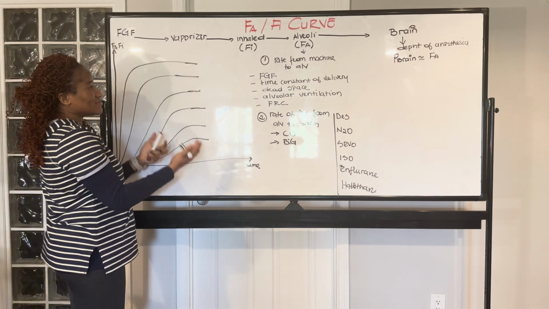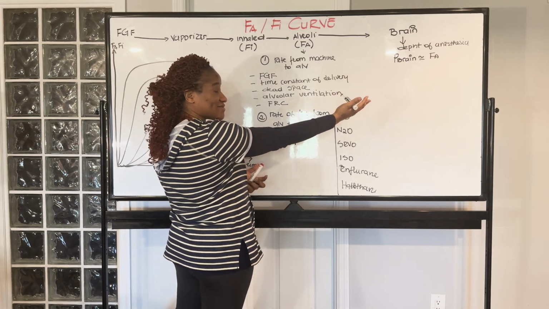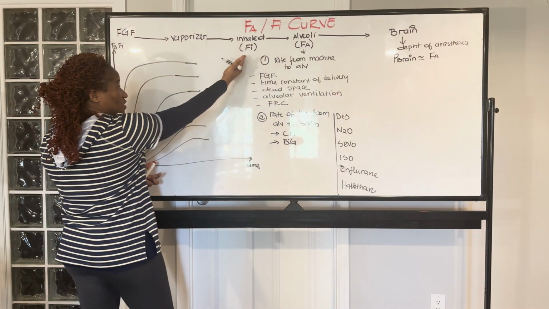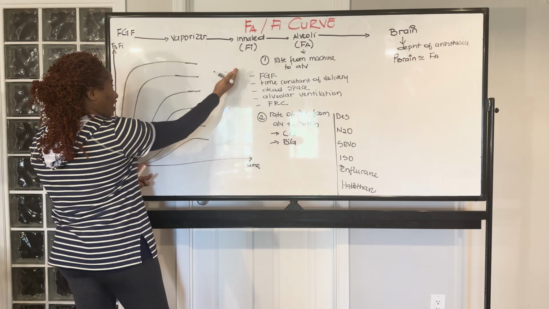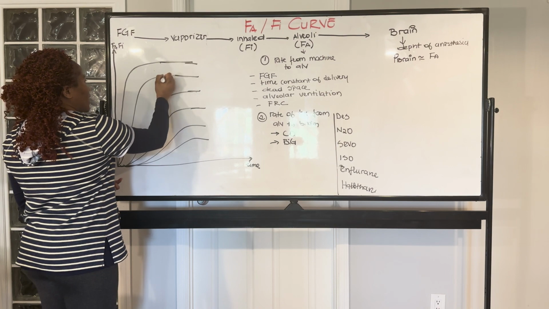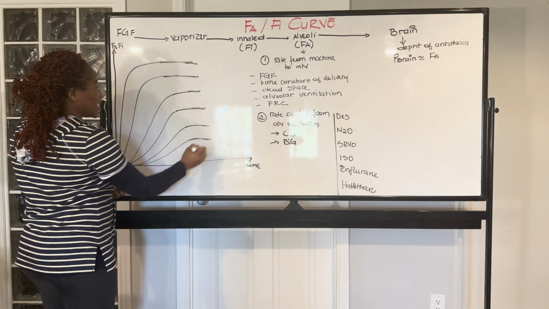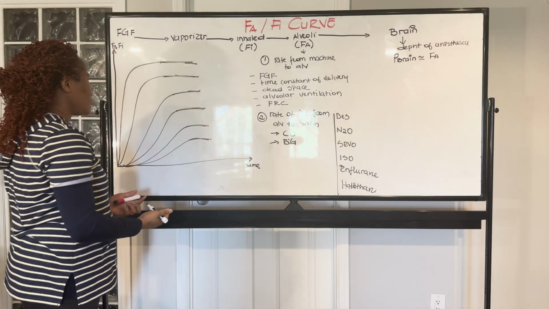So how long is it going to take for my FA, what is in the brain, to equilibrate with what I've been given, the FI. And this is why you see this plateau, because this is when you see that equilibration.